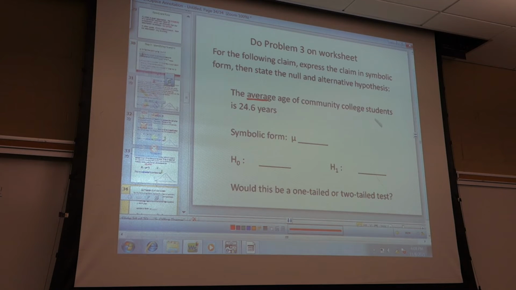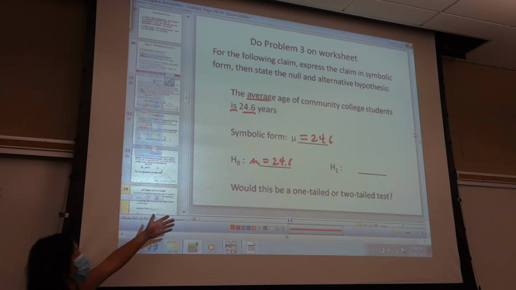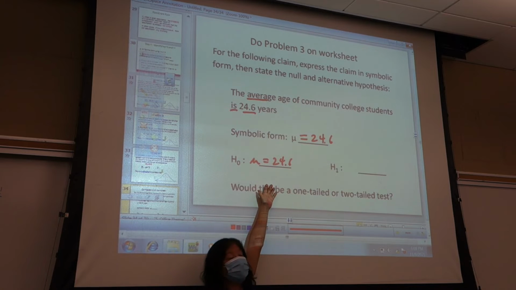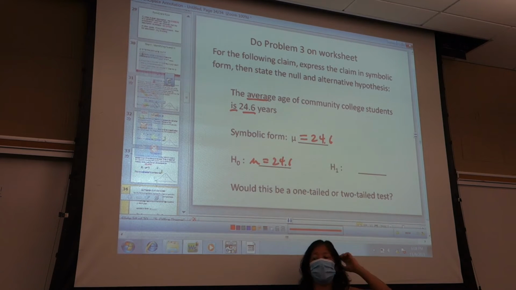Mu is the same as what? Equals, and then equals 24.6. That is my claim. H naught is always equal, so it's going to be that mu is equal to 24.6. Is H naught my claim? Yes, so then H1 becomes the opposite of that. What's the opposite of equals?